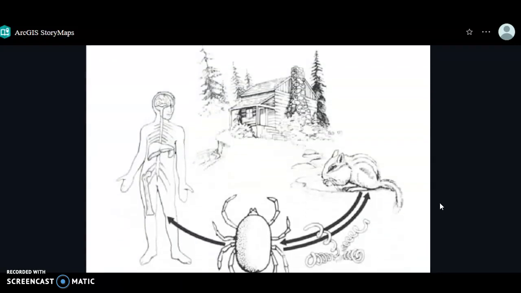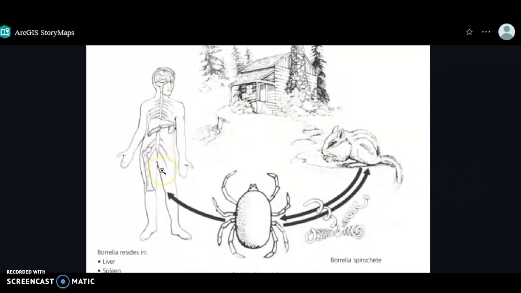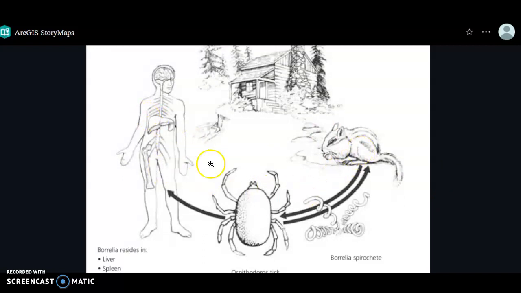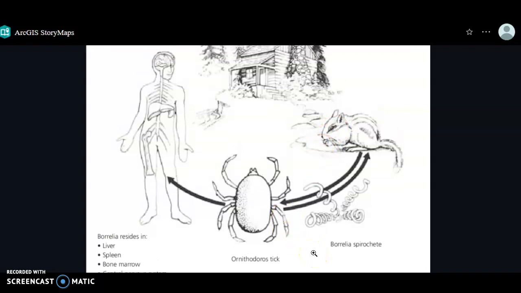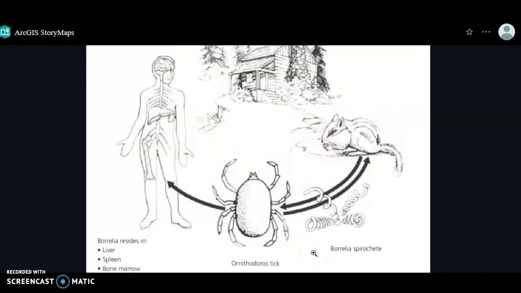Now, the transmission between a tick and a human often comes between a rodent and a human as well. Where there are these ticks, the Ornithodoros tick, there are also rodents many times. You can see there is a connection.